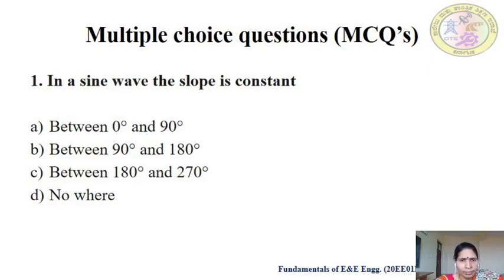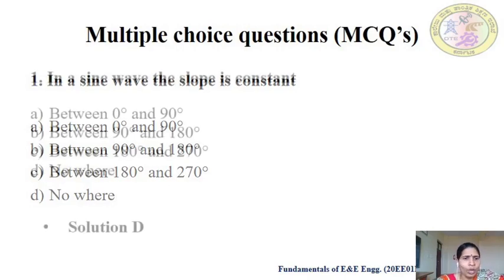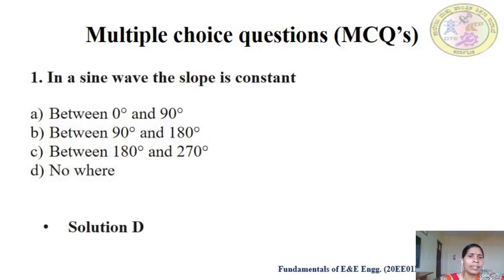What is the answer? The slope is constant? No, it is not possible. At each and every phase angle there are different values, so the slope of a sine wave is never constant. So nowhere. Solution D.